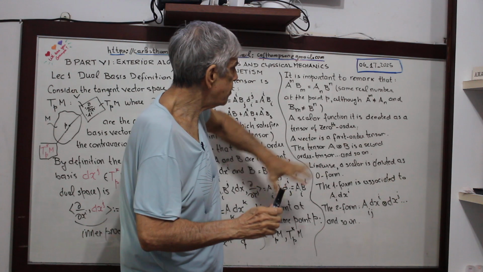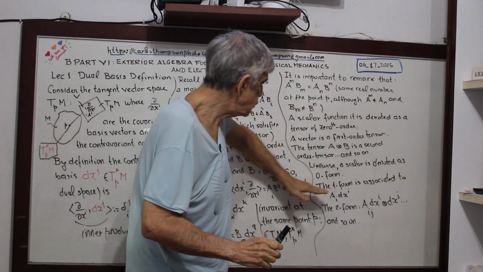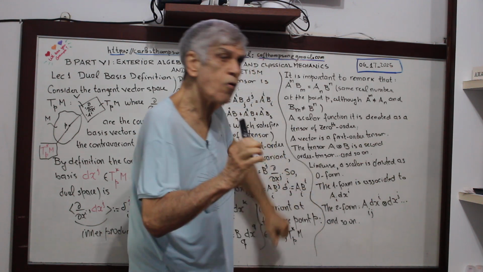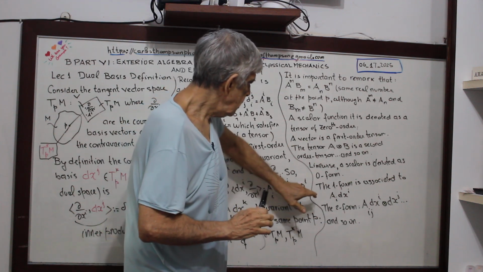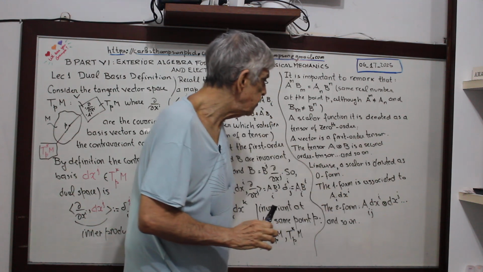Now let's transfer this consideration to the dual space. Likewise, a scalar is denoted as a zero form. The one form is associated with a_i dx^i.